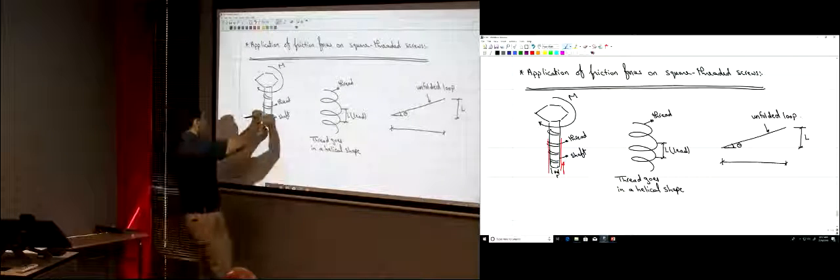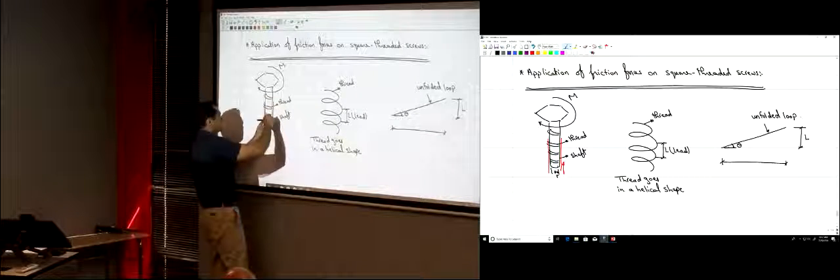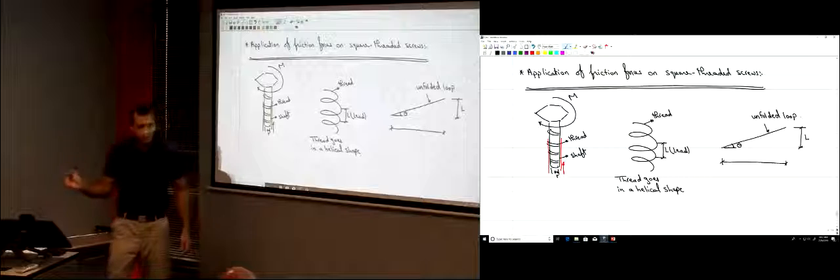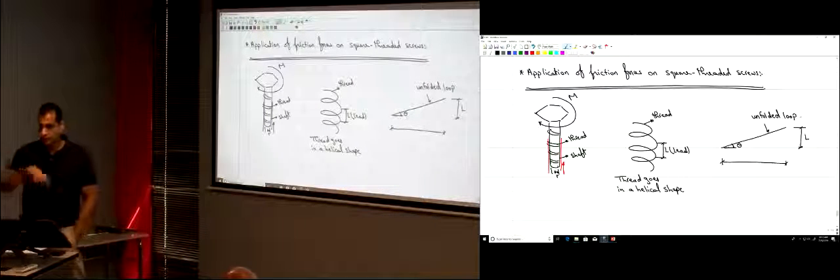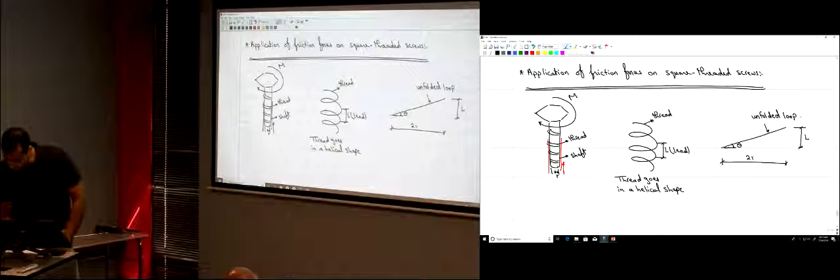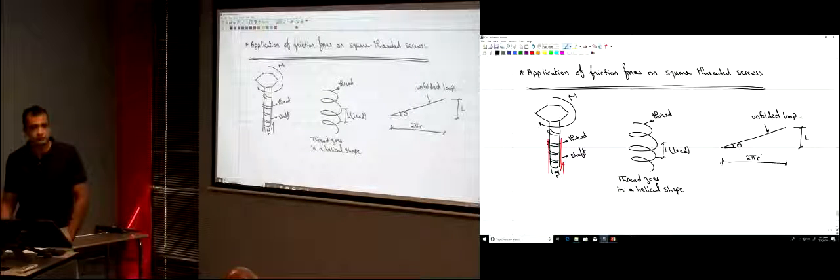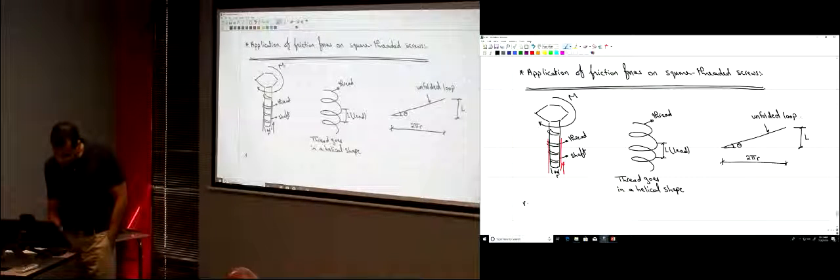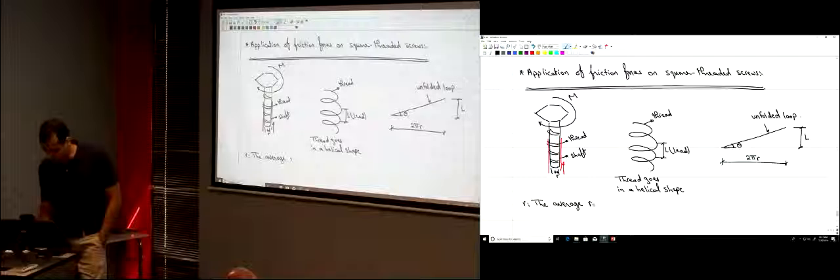One thread was going around the circumference here, 2 pi r, right? The circumference of one loop. So here you have 2 pi r, where r is the average or the mean radius of the shaft here.